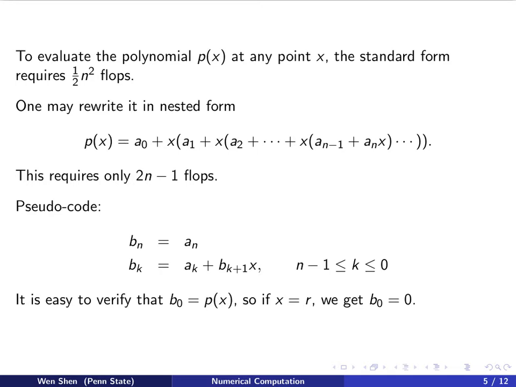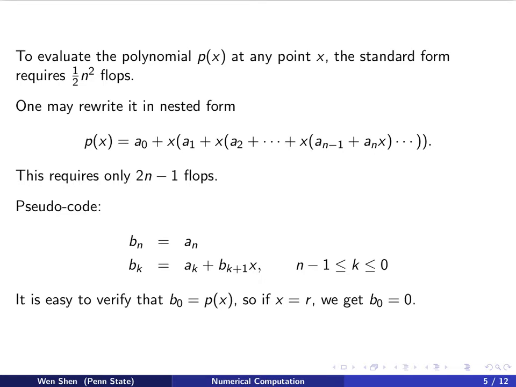One starts from the inside, we set bn to be an, and then we compute a for loop for k going from n minus 1 down to 0, and then bk will be computed as ak plus bk plus 1 times x, namely the expression in this bracket as we go further and further out.